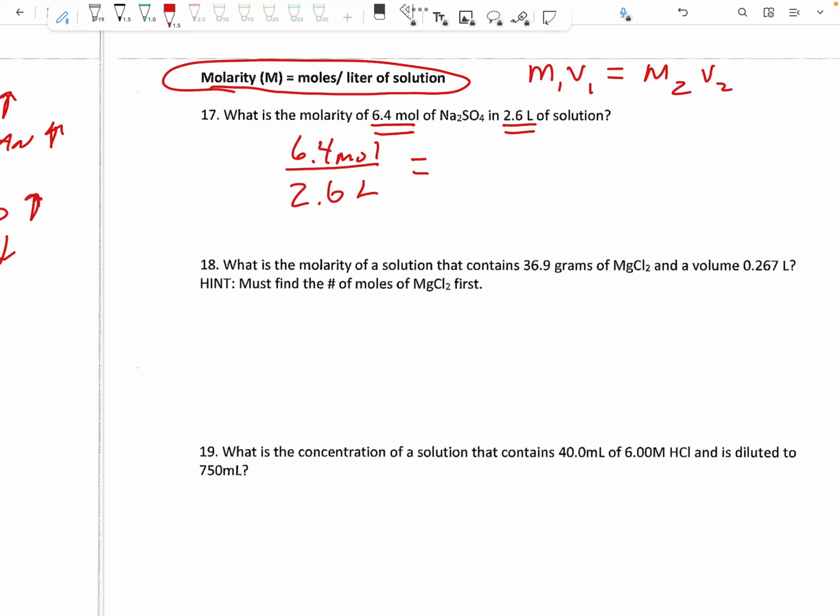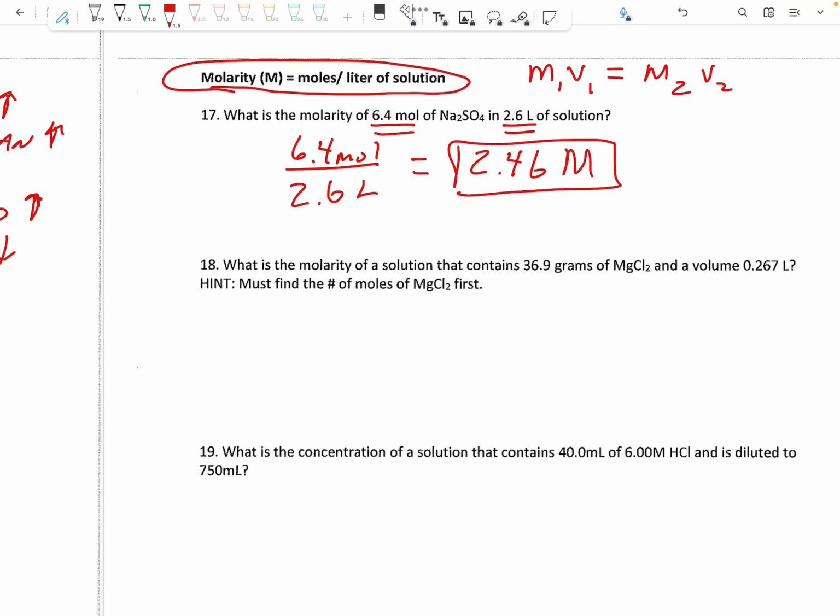And if you do the math correctly, I'll even put an answer on there in a second. Just give me a second. Forgot to get my calculator out. So 6.4 divided by 2.6 equals 2.46 molar. That's the solution, okay?